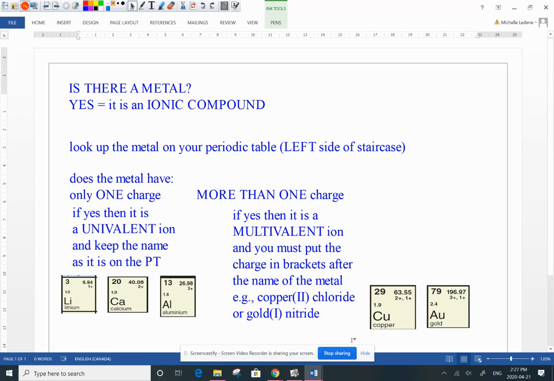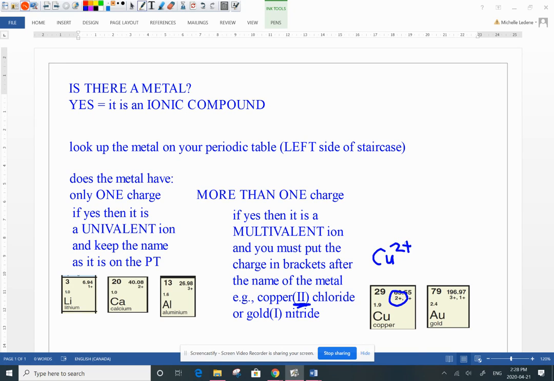So, for instance, copper. How do I know which copper ion we're referring to? Well, there will be a number in brackets. So copper(II) chloride is telling you to choose the 2+ ion. So you have the Cu2+ ion.